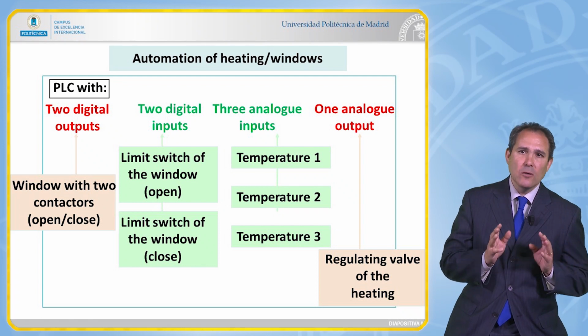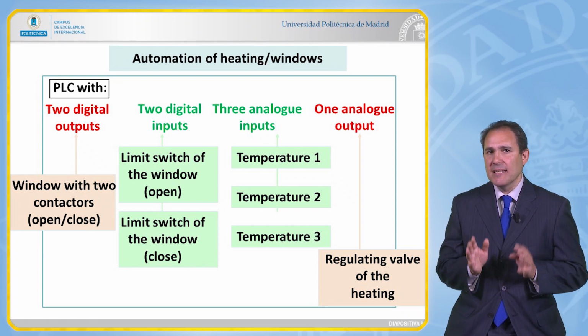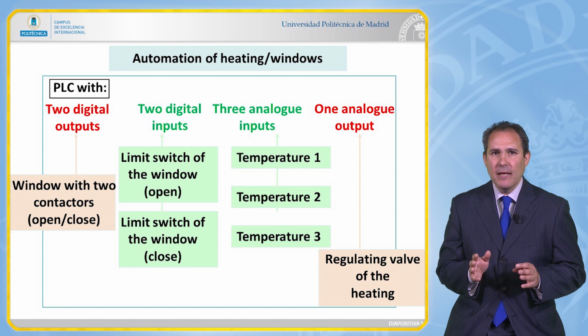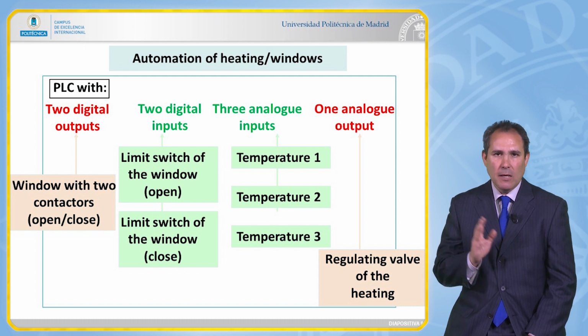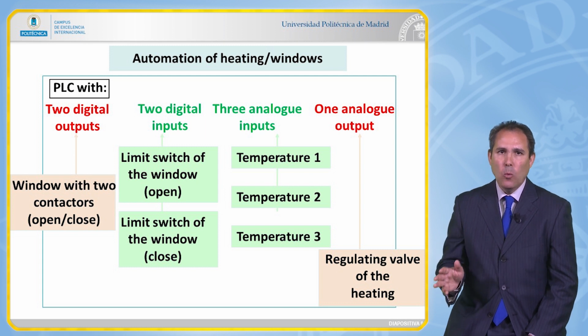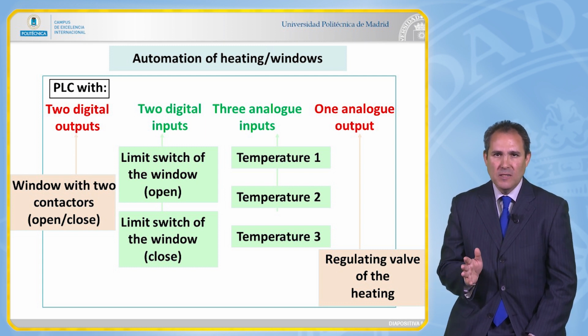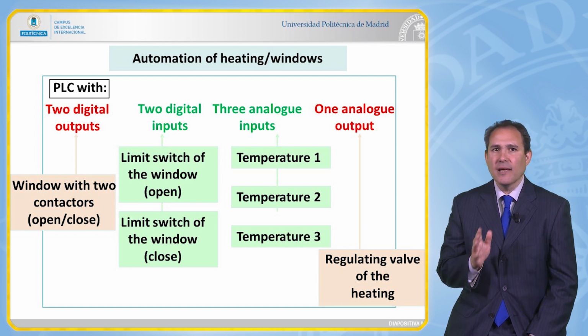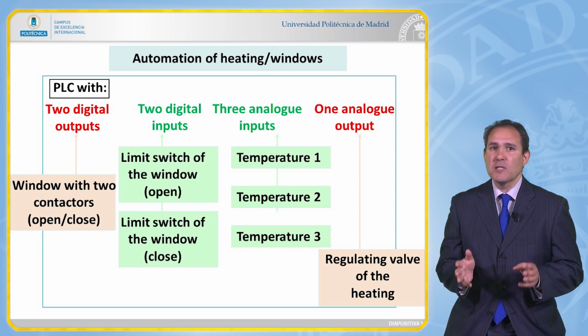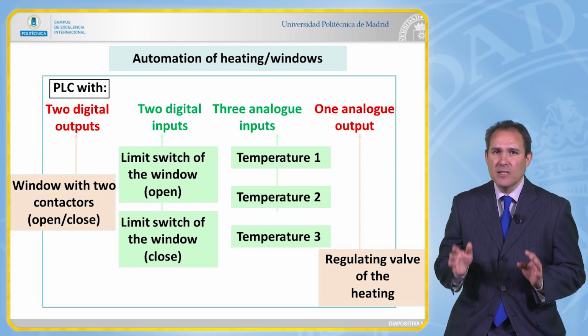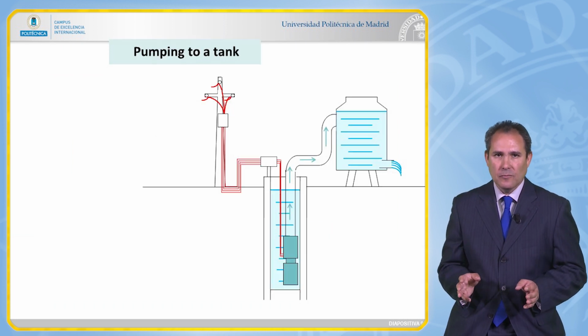When designing the automation system, it is necessary to define how many inputs and outputs are necessary in the facility and whether they are analog or digital. For example, if a system needs analog outputs, we could not use the LOGO! since it does not have this type of outputs. We should use a more expensive PLC with the necessary outputs.